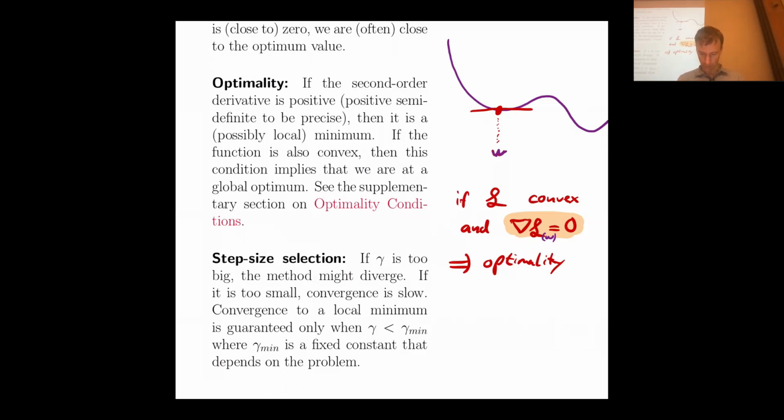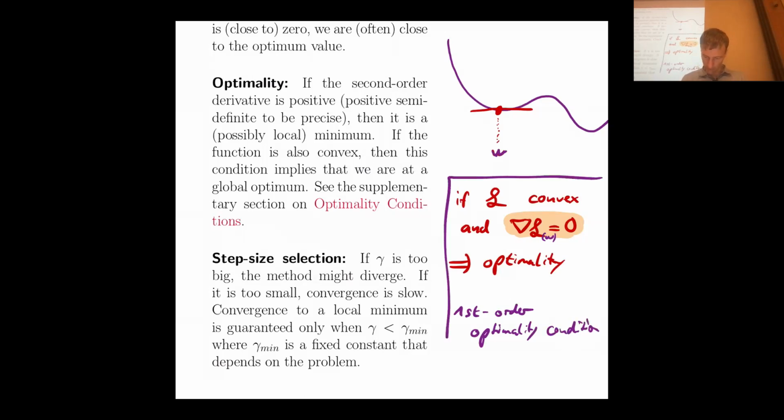This is called the first order optimality condition. It's very strong and super nice, right? The problem is it only holds if the function is convex. So that's called the first order optimality condition.